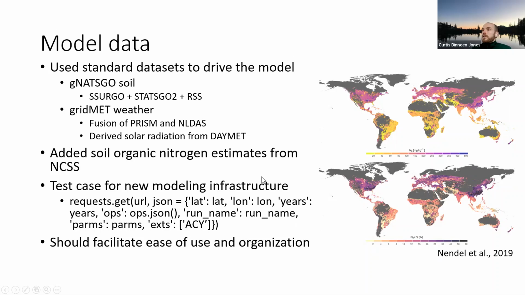Also, with the fertility experiments, getting the zero fertility rates is actually harder because you're relying more heavily on those soil fertility characteristics, and mineralization becomes quite key. There's a plot from Nendel 2019 looking at the mineralization potential of soils in different locations across the globe.